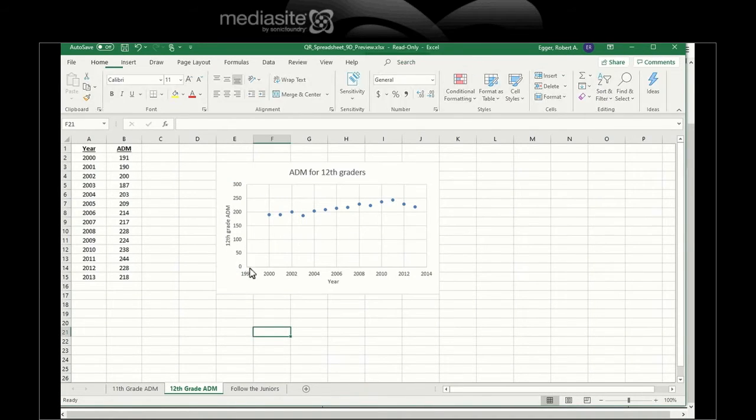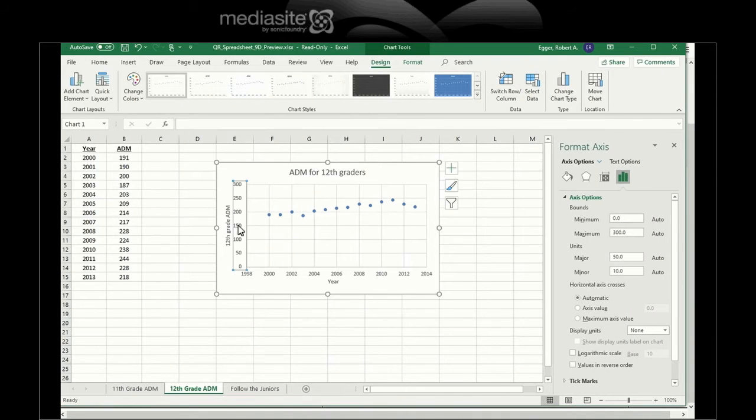So just click it a few times. Aha, axis, units, major. I want a minimum of 150, the lowest number, and that sounds good. I'm going to keep it that way. There we go.